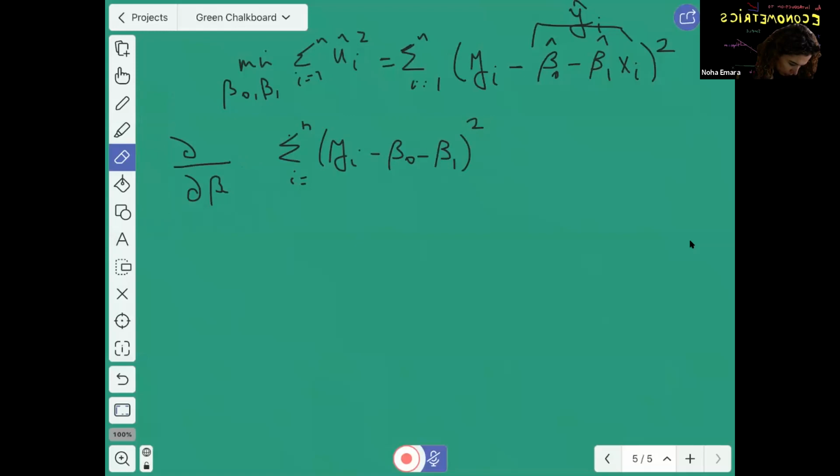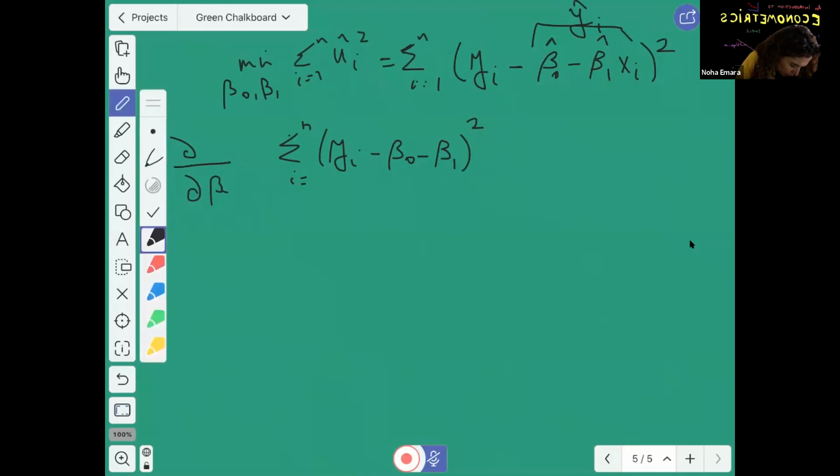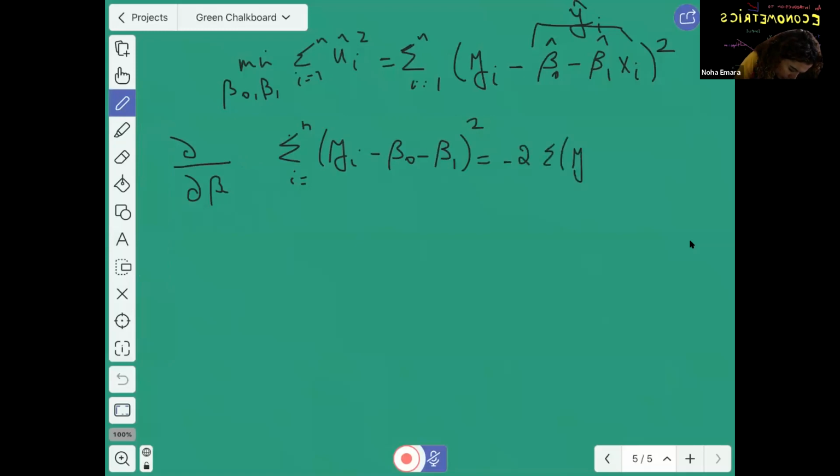So I'm trying to get the derivative of this function, which is equal to negative 2 times the sum of y_i minus beta naught minus beta 1 x_i. I forgot an x_i here, okay? And we can call this equation 1.